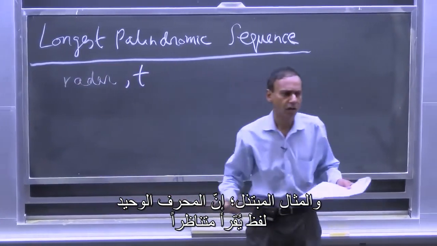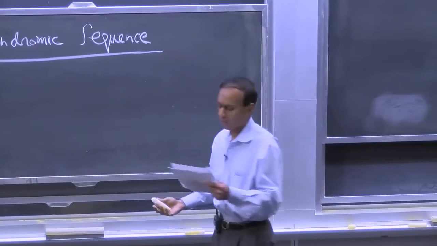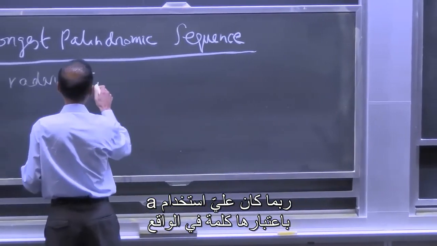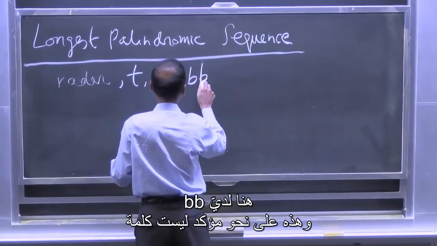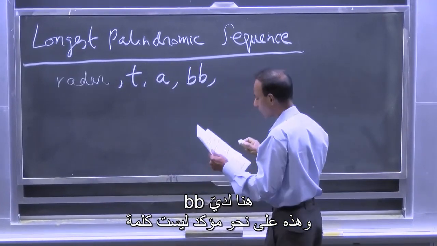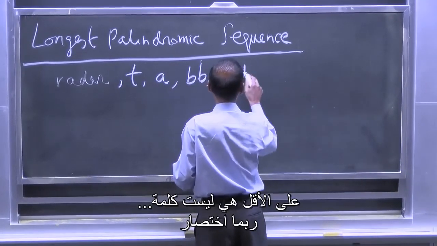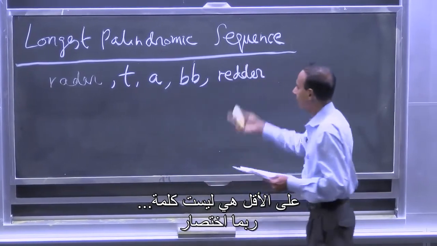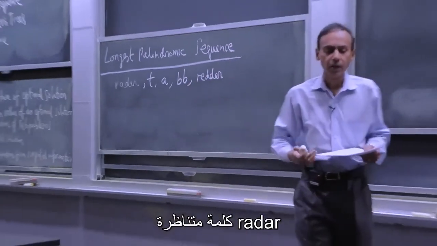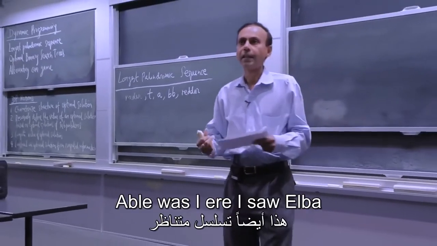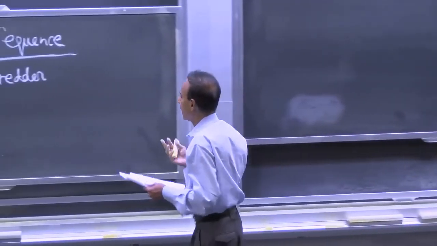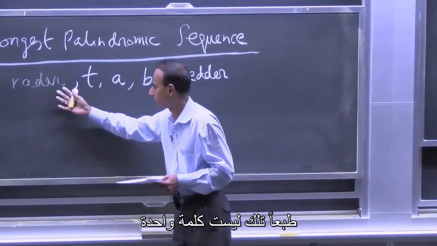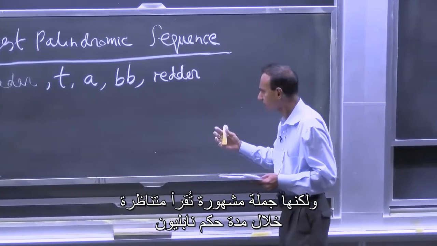A single letter is a palindrome. Maybe I should have used A, since that's actually a word. But here I got BB. That's definitely not a word, at least not a word, an acronym maybe. Redder is a palindrome. Able was I ere I saw Elba. That's a palindrome. And that's of course not a single word, but it's a famous palindrome.